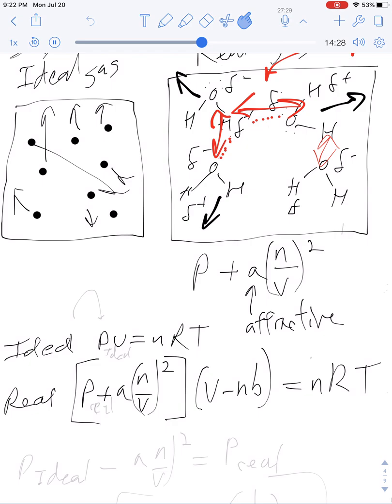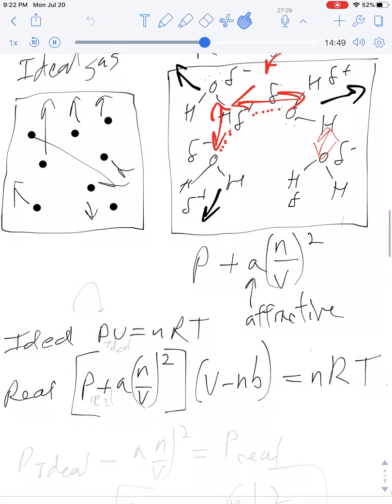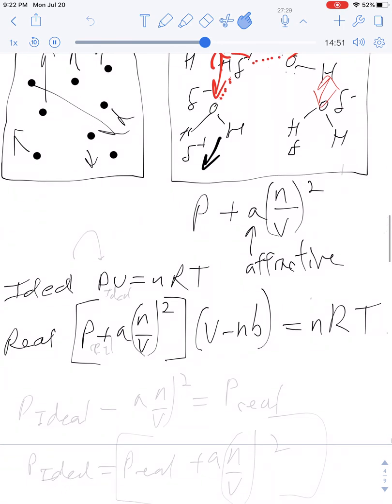The reason why it's added and not subtracted is, think of it as, let's just start with V minus nB gets substituted in for that. Okay? So this volume here is not quite accurate, so this thing gets substituted in for that.